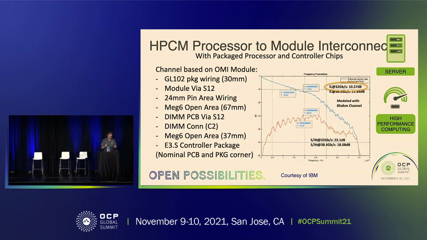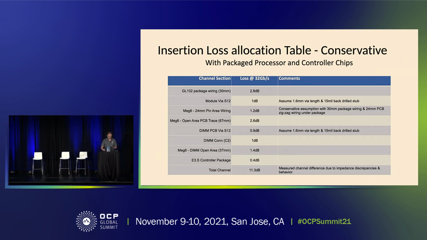IBM kindly did some simulations for this for us, and some pessimistic ones with the package. And we're in the region of about 10 dBs at the 32 gig. So if you break it down into the individual pieces of losses, then you see the various contributions from each of the pieces.